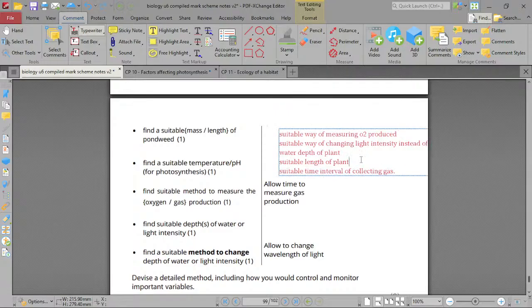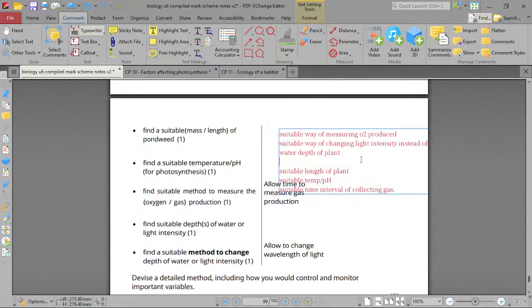So some other things I could have said is other control variables. So instead of suitable length, talk about suitable temp, pH, and not only a suitable way of changing the light intensity.